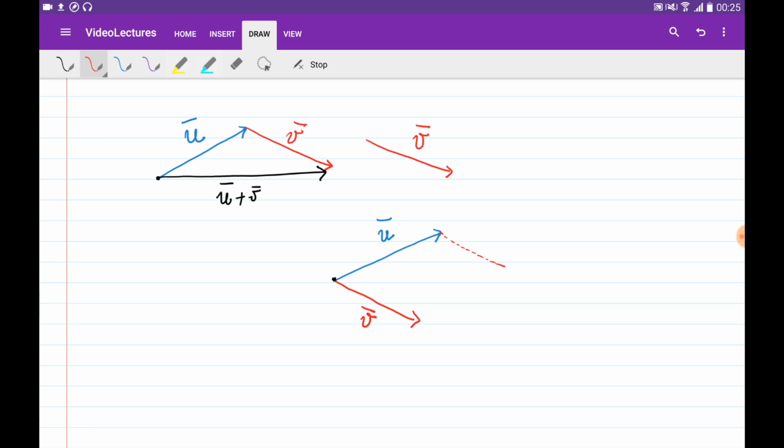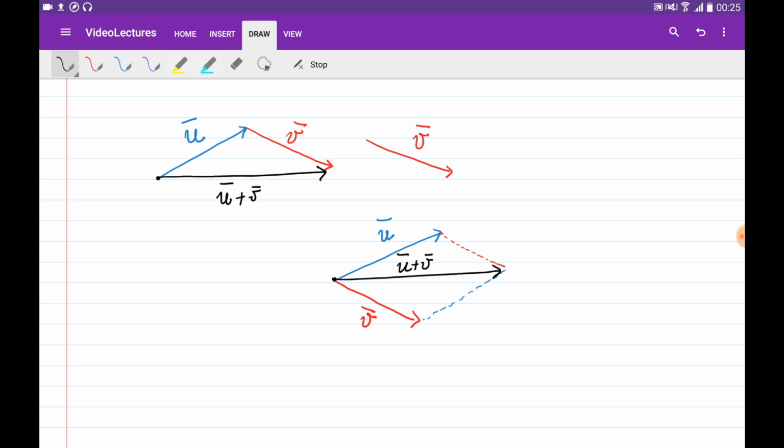We draw this vector and this vector parallel, and the diagonal of the parallelogram, going from between these two vectors, is going to be the addition of U and V.